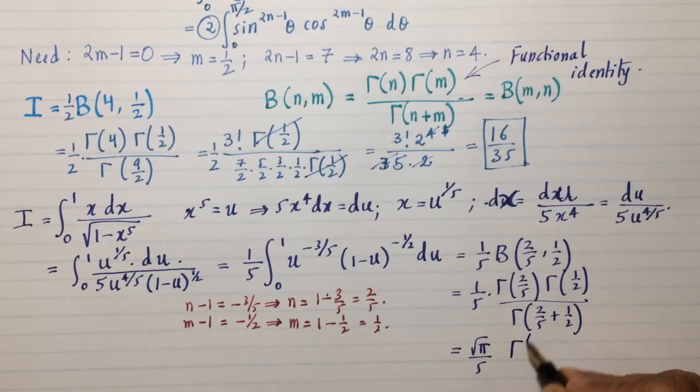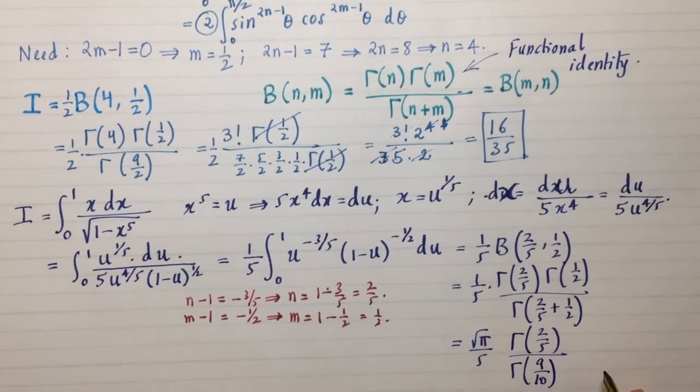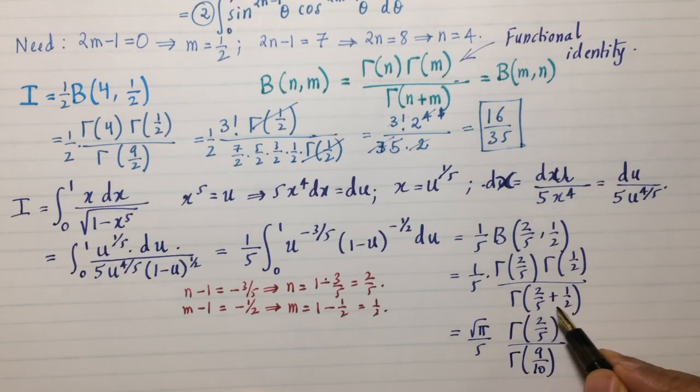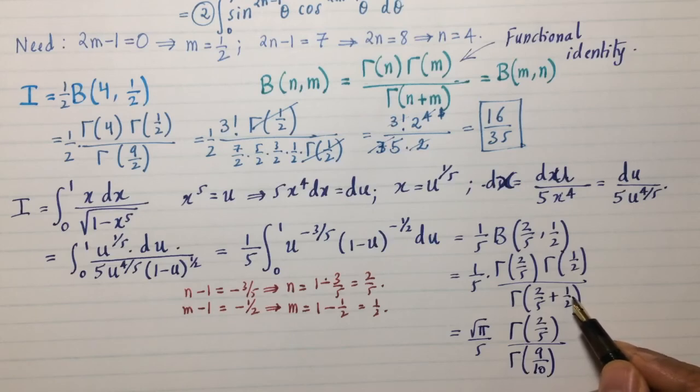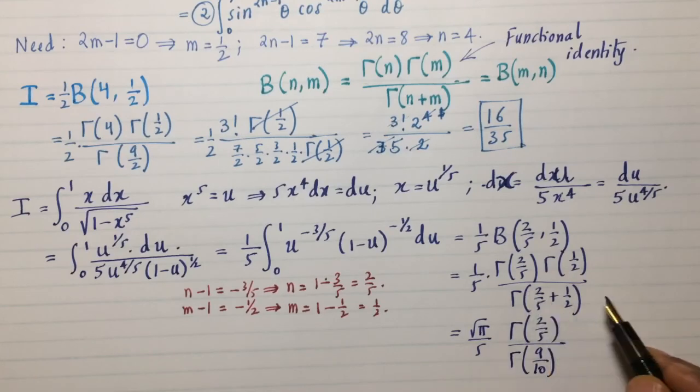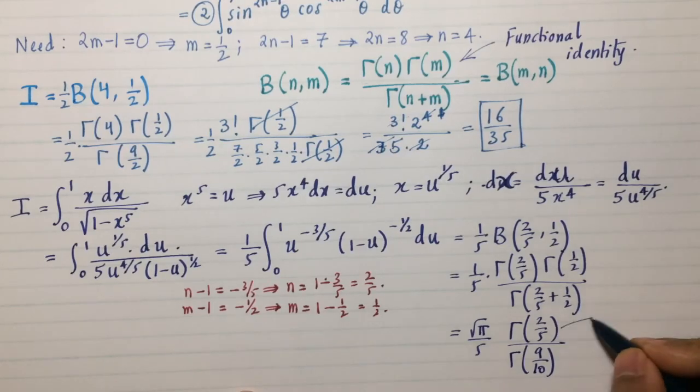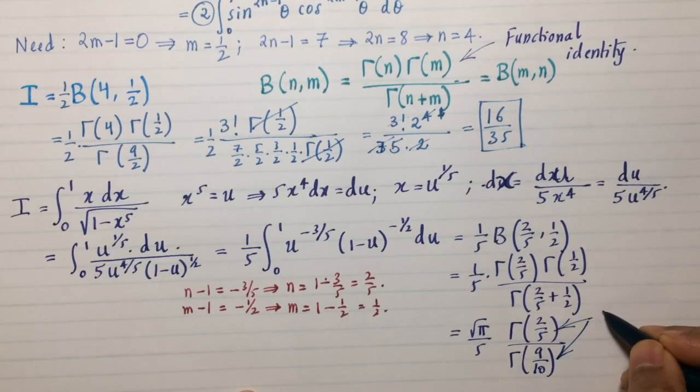I still have to deal with gamma of 2/5, and I don't know what that is, and I don't know what gamma of 9/10 is, because 9/10 is what you get when you add 2/5 and 1/2. The common denominator is 10, and that's going to give me 5 plus 4, 9. But these can be referred to, there are these gamma function tables.